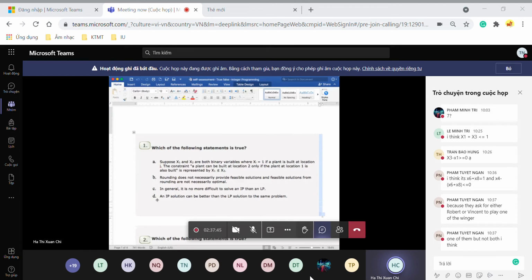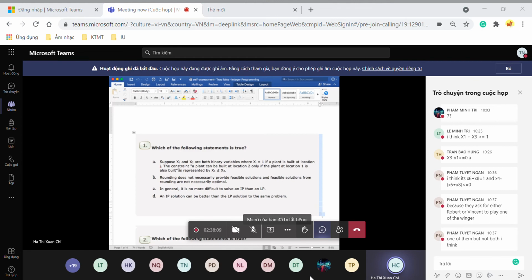Which of the following statements is true? Suppose x1, x2 are both binary, where xi equals 1 if the plane is in the building at location i. So if a plane is viewed at location i, xi will be equal to 1, right?